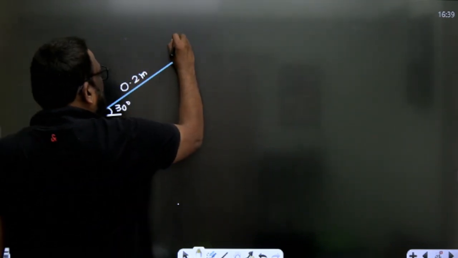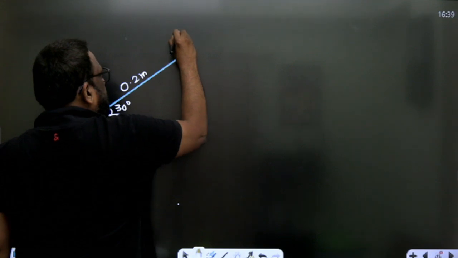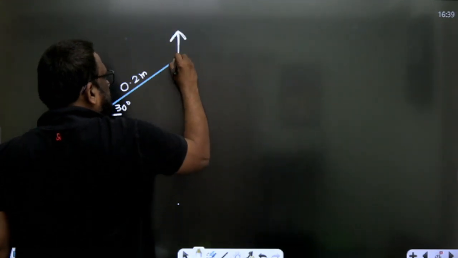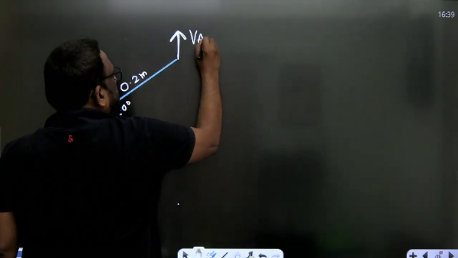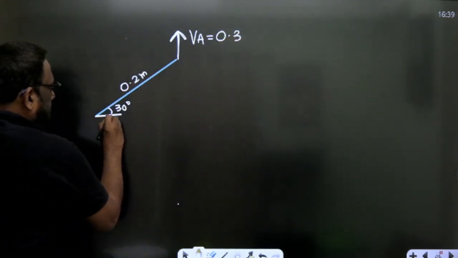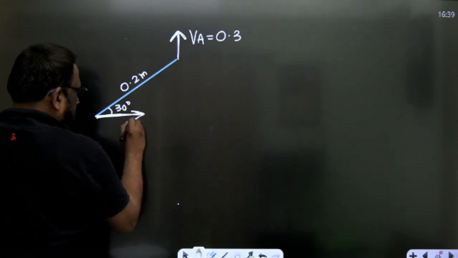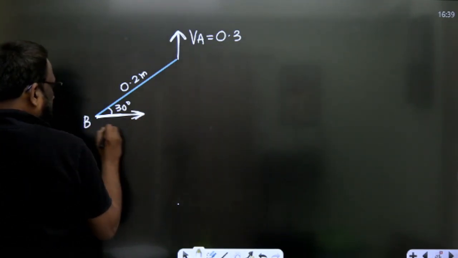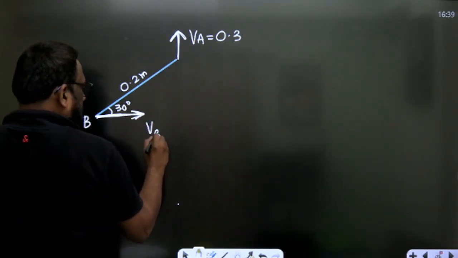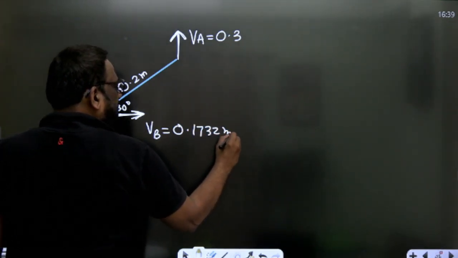Now, there is a velocity in this direction, vertically up, and there is a velocity in this direction, which we have already calculated just now.